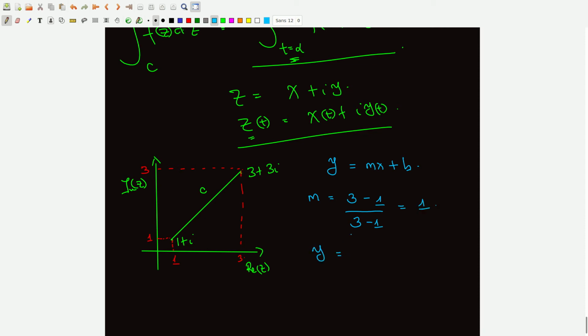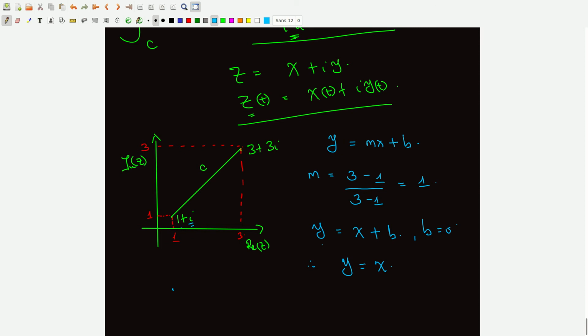So y equals mx plus b. For any point, whether you use this point to substitute in, for the value of y, which is 1, and the value of x, which is 1, you will find that our value of b is 0. Therefore, we have that y equals x.